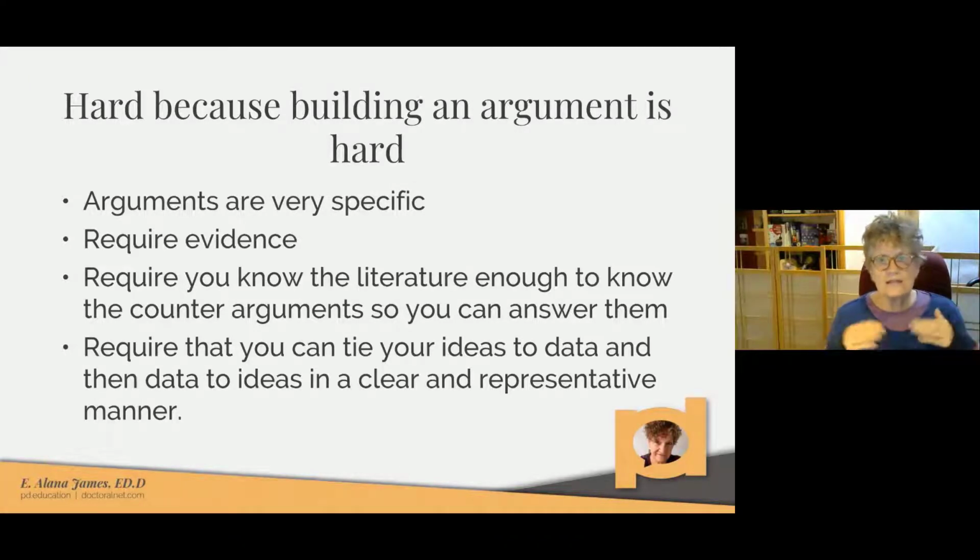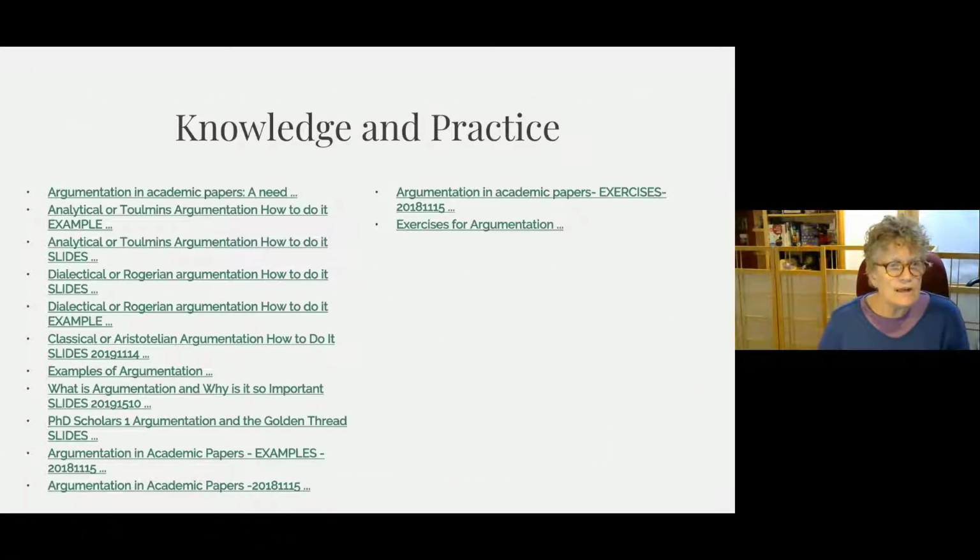So you just get used to, where's the data? And that ideas that are presented to you are presented in a clear manner that represents that data to be true.